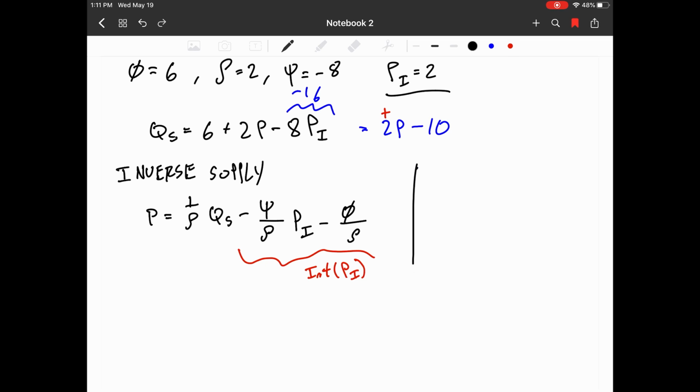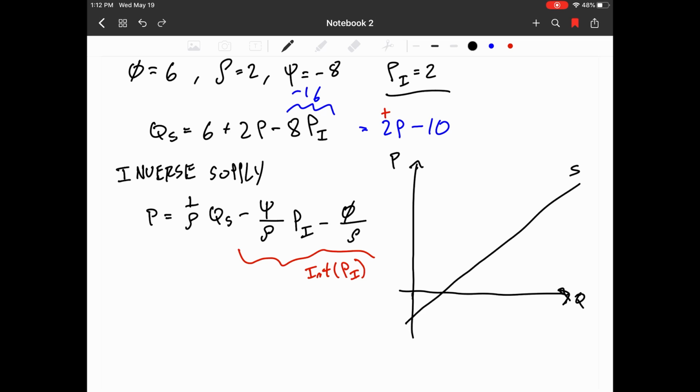Okay, so on the side here, we'll set up our supply curve. So we have price on the vertical, quantity on the horizontal, and a positive relationship between price and quantity, which is our supply curve.